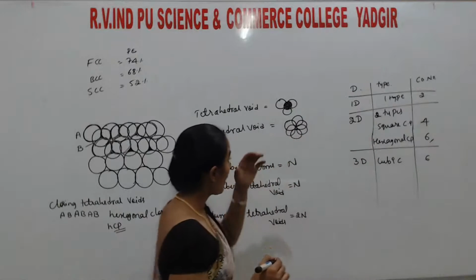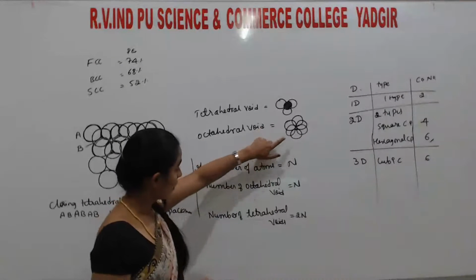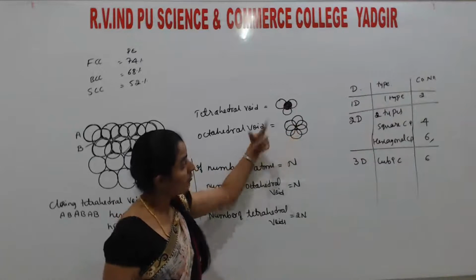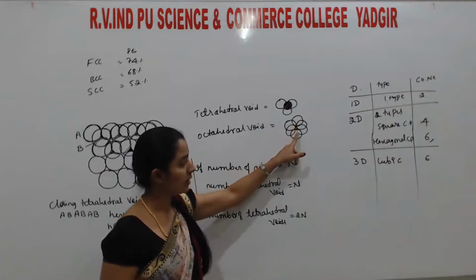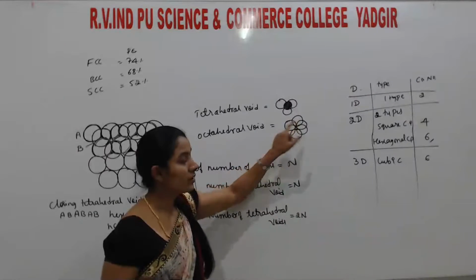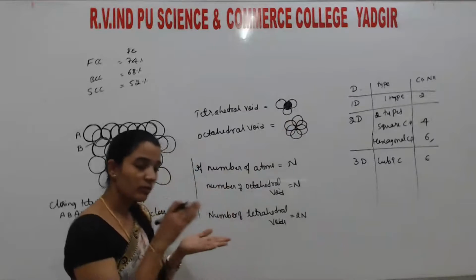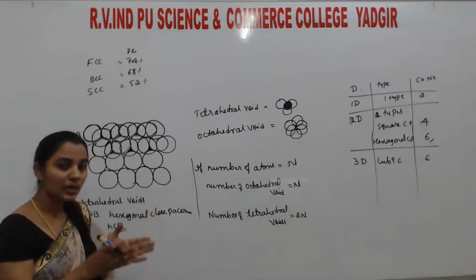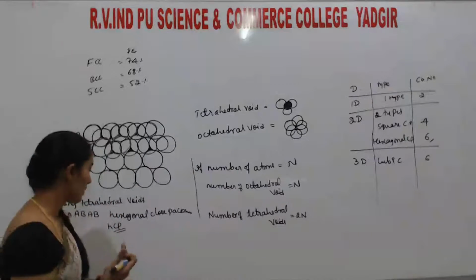So when another sphere is placed above that sphere, listen, it touches 3 spheres. One sphere again touches 3 spheres. So in the below layer 3 spheres, above layer 3 spheres, same layer 6 spheres.